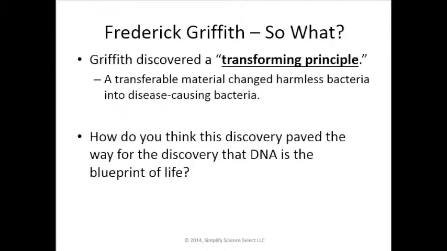The R ones learned it from the S bacteria. And so he called this the transforming principle. He said that there is some kind of material that can be moved from one thing to another, and it tells it what to do. It gives it instructions on how to be what it is.